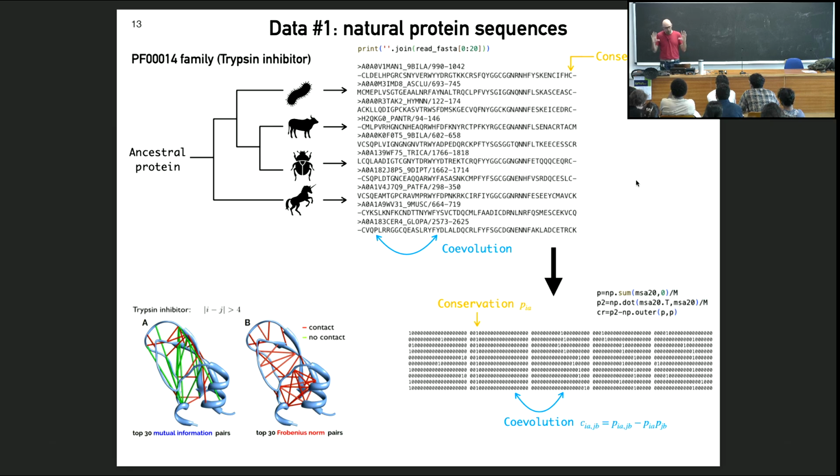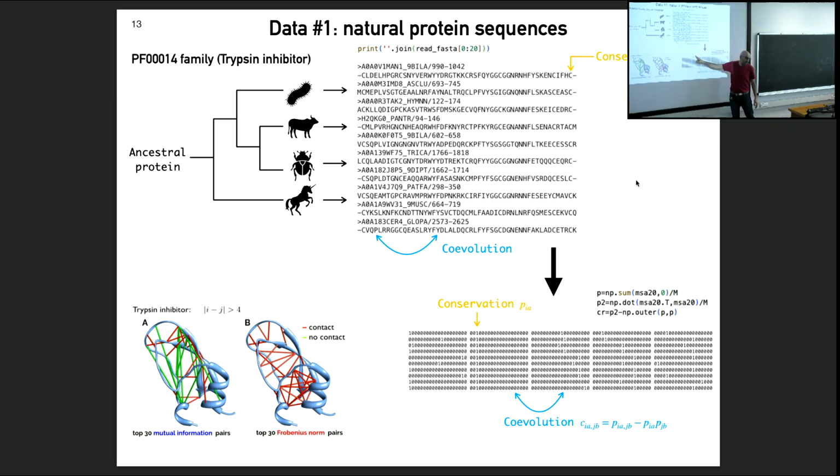Then you learn a model from this seed, and the model is typically what is called a hidden Markov model, which is a model that basically uses essentially the conservation. So it's a model that looks at the conservation profile of the sites, but it also allows to insert gaps or to insert amino acids.